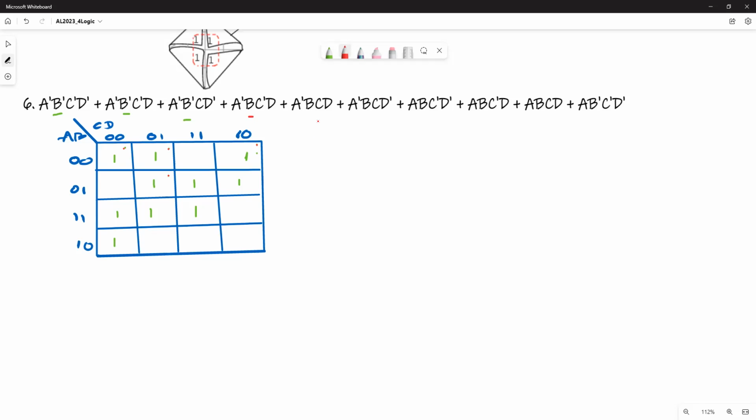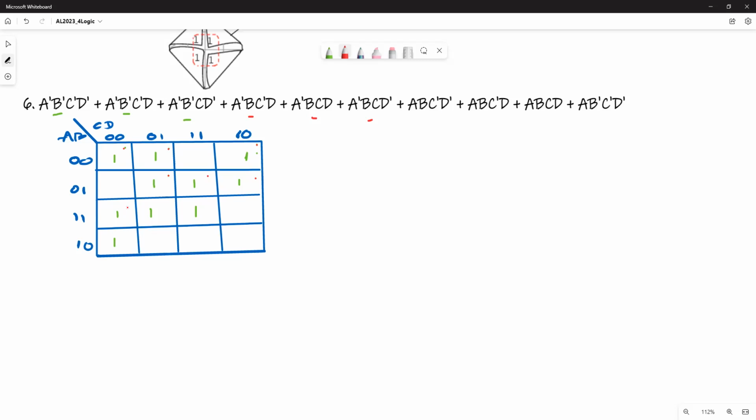Fifth one, A dash B, that is 0, 1, 1, 1. So that is this one. This is also that. Then A dash B, C D dash, 0, 1, 0, 1. Sorry, 0, 1, 1, 0. That is this one. Then we have 1, 1, 0, 0.